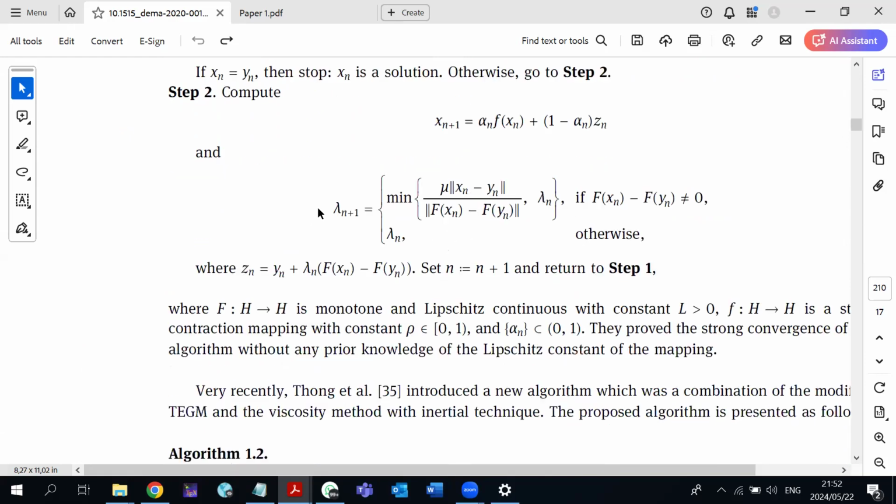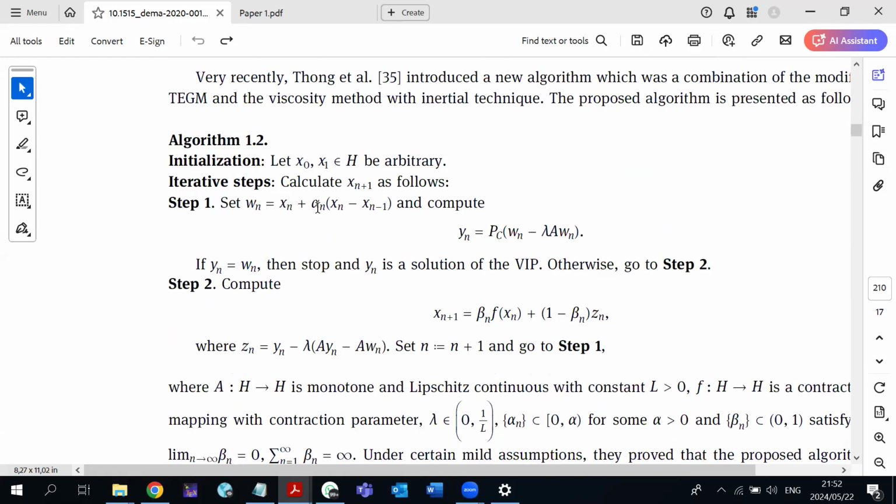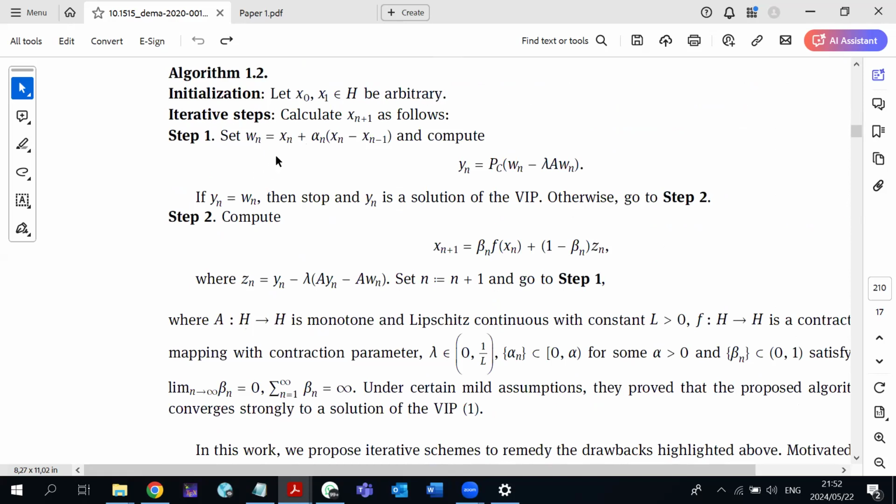We have our inertia terms here. So we have wn equals xn plus alpha n times this here on the screen, and we have the projection yn to be PC of this. Then when yn is equal to wn, we stop. But if yn is not equal to wn, then we proceed to step 2.